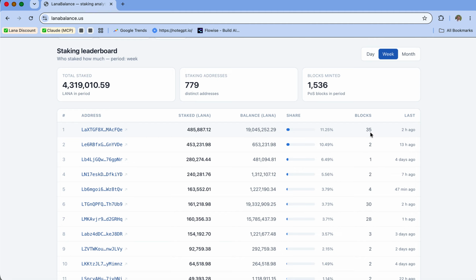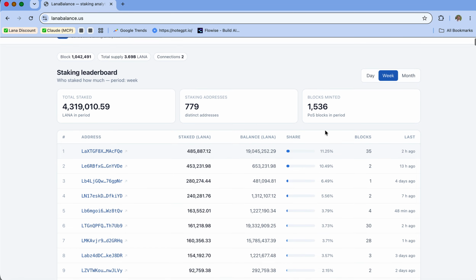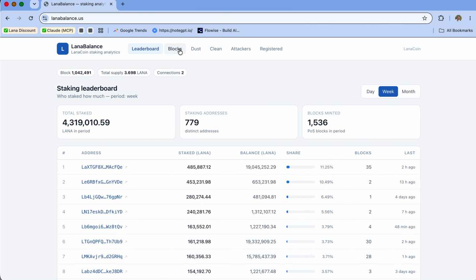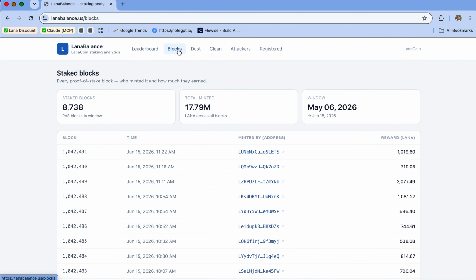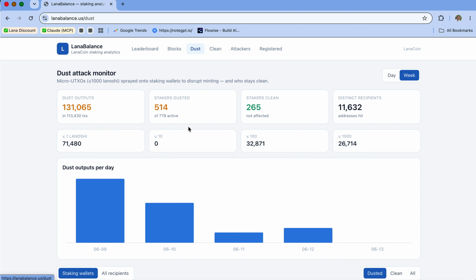And in 35 blocks, it was participating. Now, the next is the blocks. What blocks have been monitored, and what has been the rewards in that block, and so on, and the number of the block.